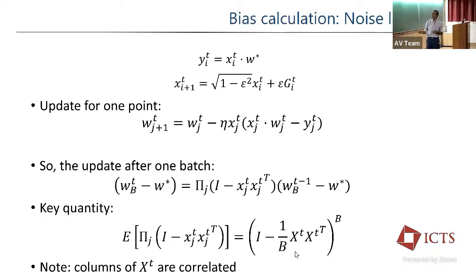So we have a term like I minus 1 by B times XT transpose, where columns of XT are basically these vectors XTJ that we are processing in the buffer, right? So that's great. But we still cannot get the result with this because these columns of XT are all correlated with each other. So we don't know how to bound the norm of this matrix, and for that, we need to do a lot more work.